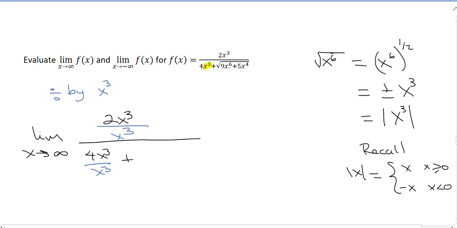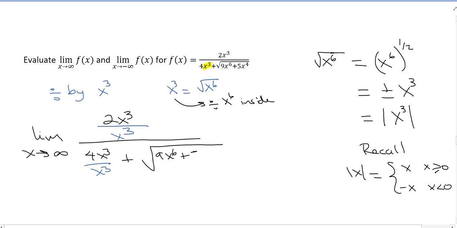So I can't just bring in an x cubed and divide there. So I'm going to use the fact that x cubed is equal to the square root of x to the 6. When I bring it in, it's going to be dividing by x to the 6 on the inside. So dividing by x cubed on the outside is the same thing as dividing by x to the 6 inside the radical. What that's going to look like is the square root of 9x to the 6th plus 5x to the 4th over x to the 6th.